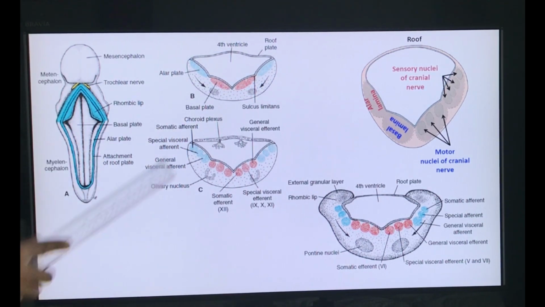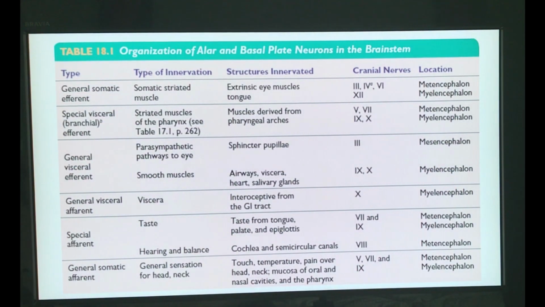As I mentioned, the basal plate mainly has the motor neurons. According to their function, these neurons are divided into three groups, three types.